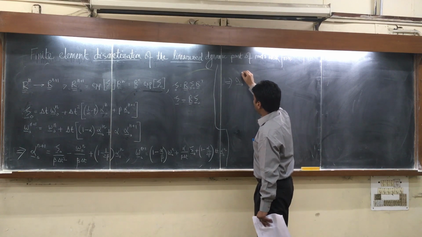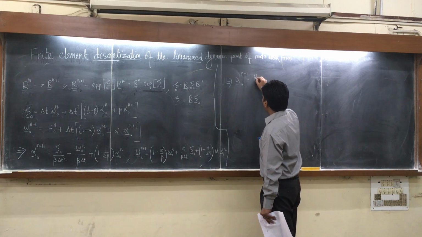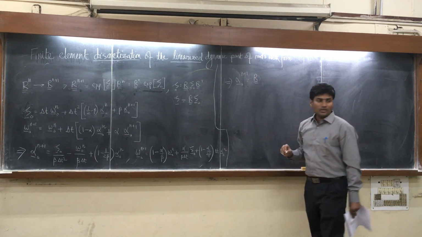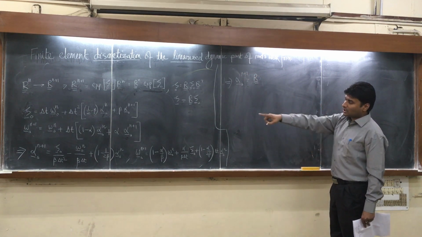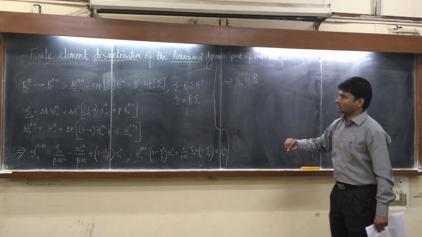Alpha naught at n plus 1 equal to R. What should that be? Zeta naught. How are zeta and zeta naught related to each other?